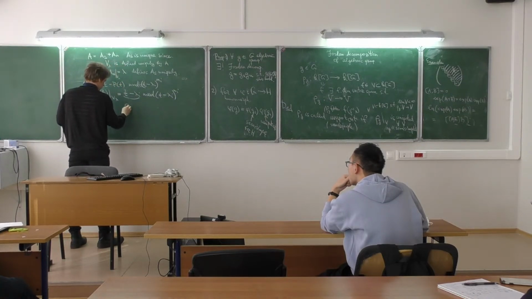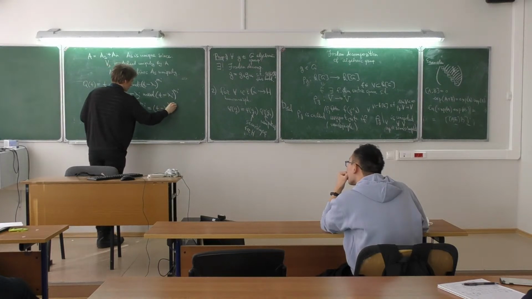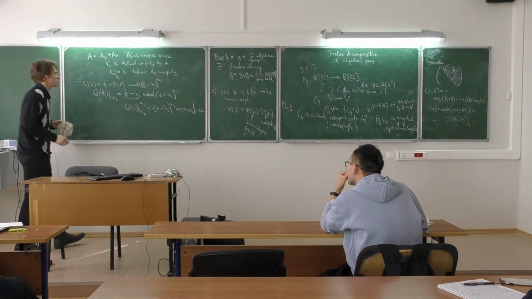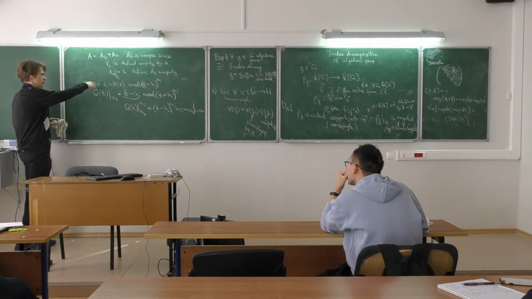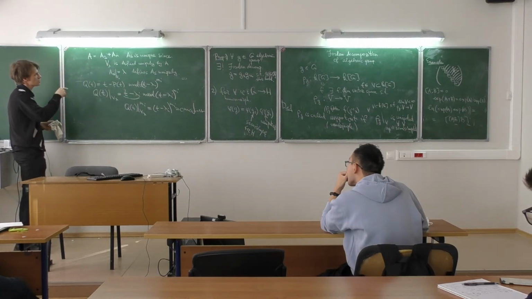If you raise q of t on V_lambda to the power m_i, it's just (t minus lambda I) to the m_i, which is 0 modulo this thing. So this is the remark that I forgot.